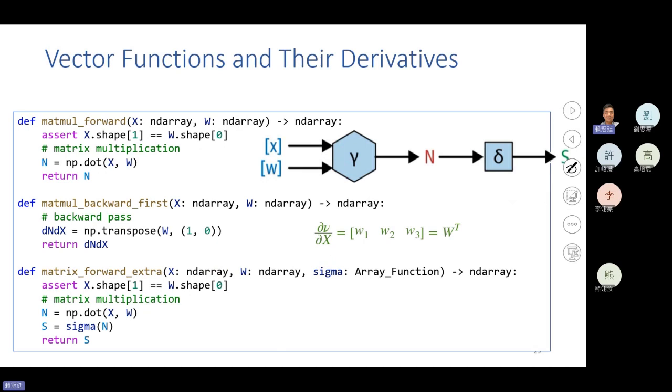So for vector functions and their derivative, we can see it like this. First, we use the dot product to represent the multiplication.